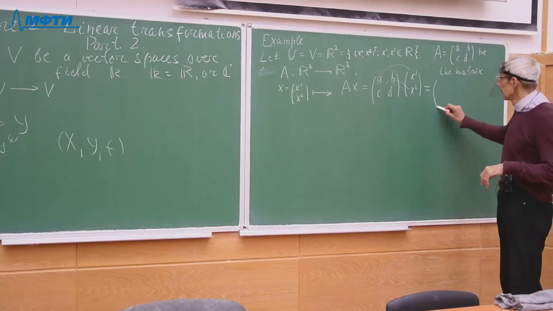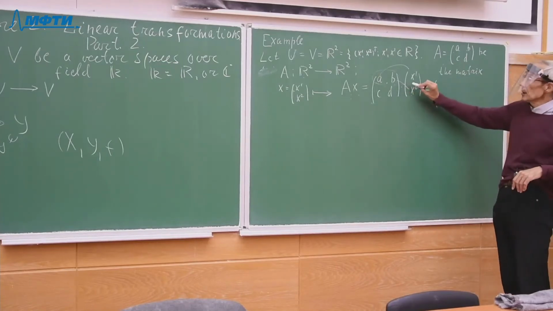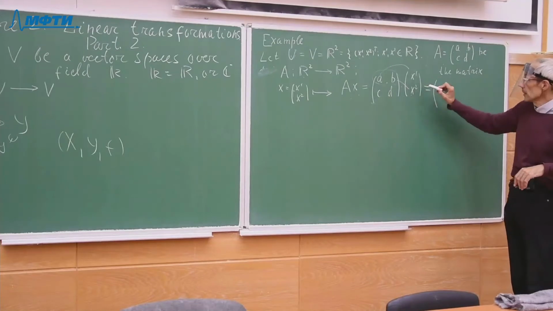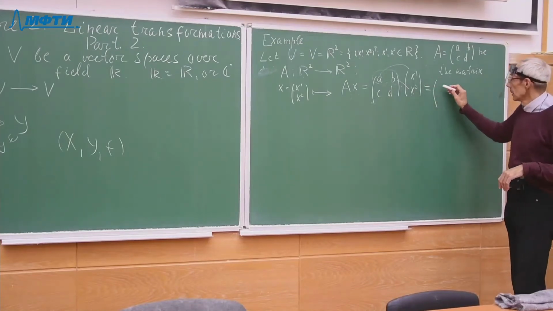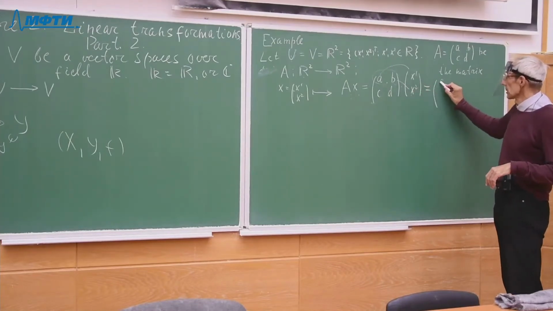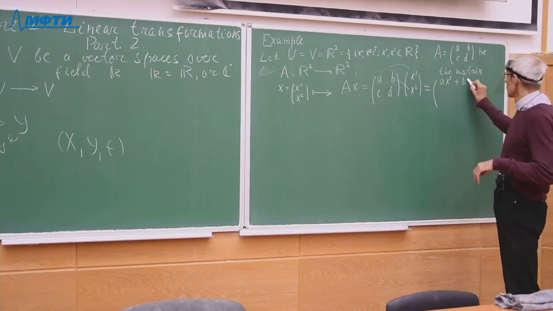And in such a way I obtain the first element of the product of this matrix, a x1 plus b x2.